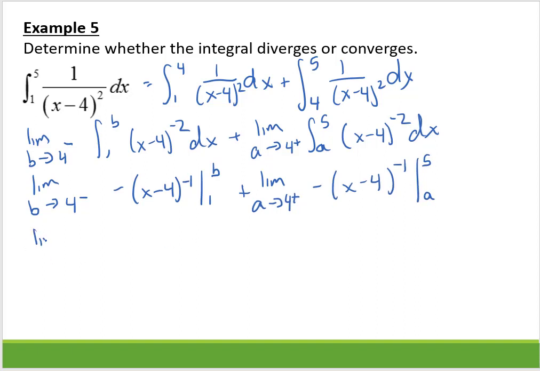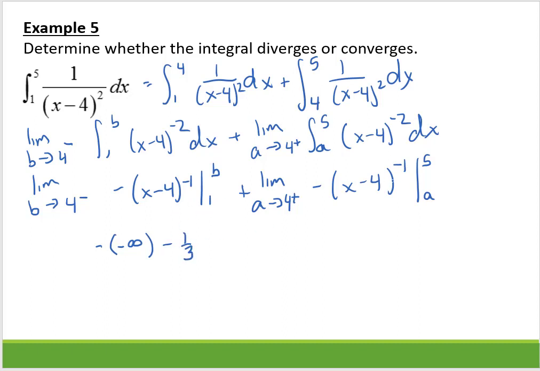So now, when I evaluate my integral, as I plug in numbers a little bit less than 4, I end up going to negative infinity. I don't need my limit because I just evaluated the limit. I'm trying to jump a few steps. When I plug in 1, I end up with a minus 1/3.